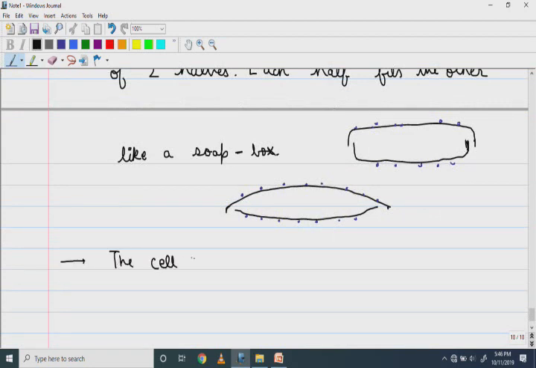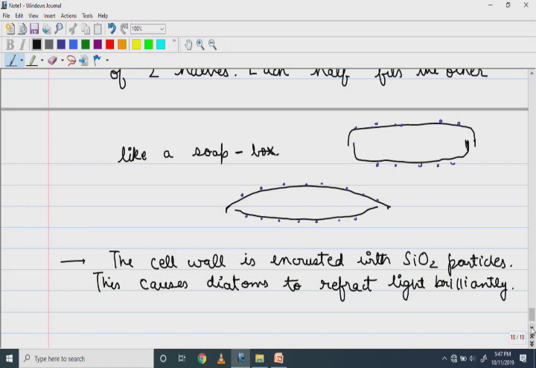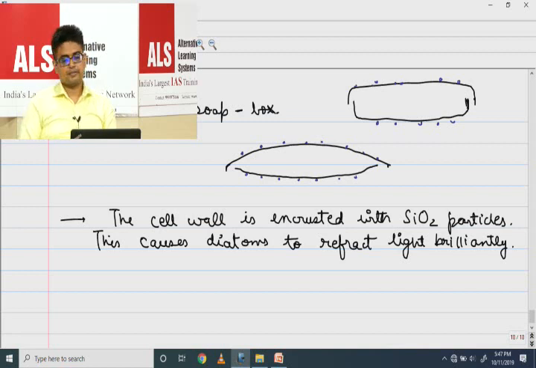The cell wall is encrusted with SiO2 particles. This causes diatoms to refract light brilliantly. Okay, so this causes them to refract the light brilliantly.